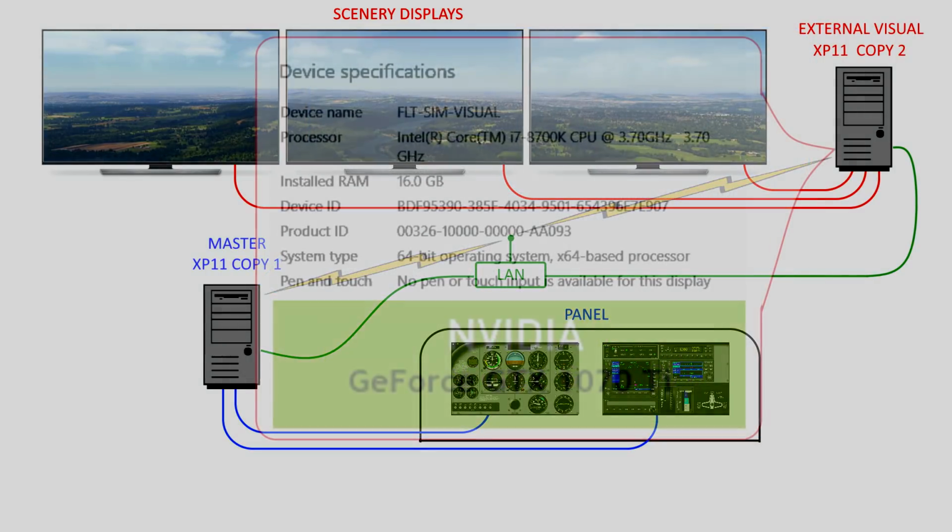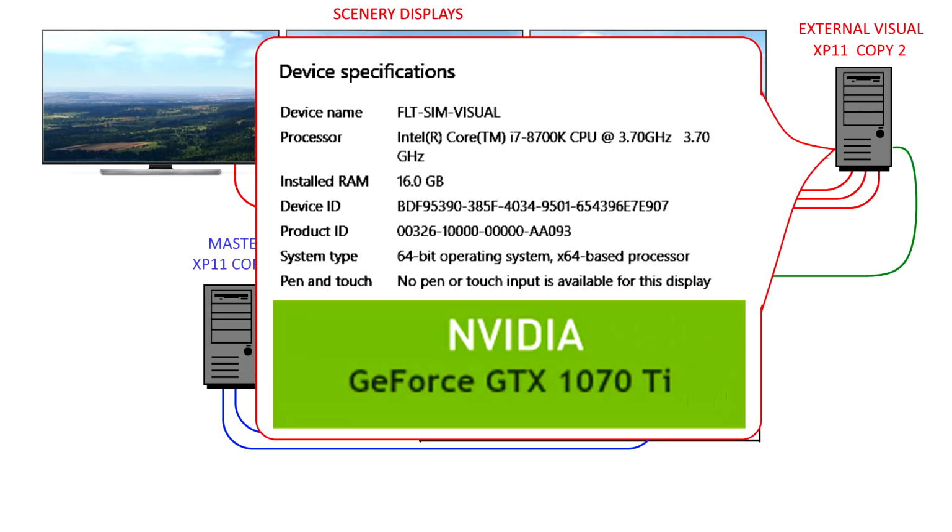The external visual computer has an i7 8700K CPU with no water cooling, 16 gigs of RAM, and a 64-bit operating system. It has a GTX 1070 Ti, which is not that powerful by today's standards. There's a lot of inexpensive cards that can match that performance.